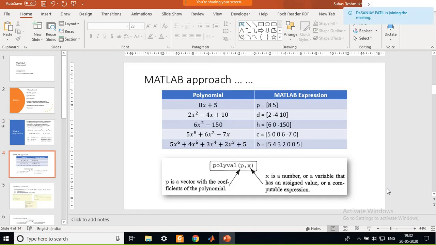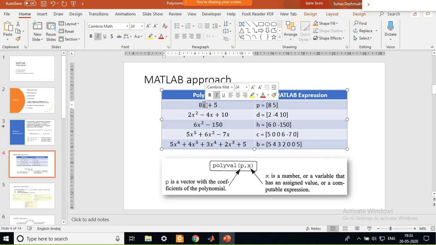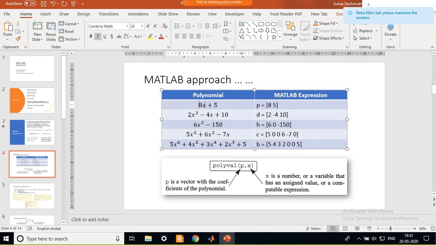We know that in MATLAB, whenever we write anything, we are converting it into matrix language. So here you have a function called polyval, and whenever you have a polynomial like 8x plus 5, you need to concentrate on one thing. x is my variable, and the power of x matters a lot here. If the power of x is 1, then I have to have two numbers in that array: 8 is one number and the other is 5.